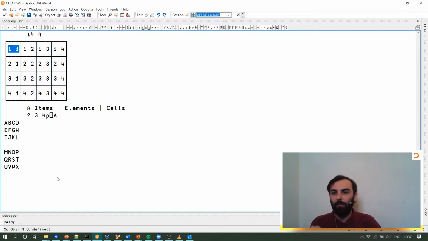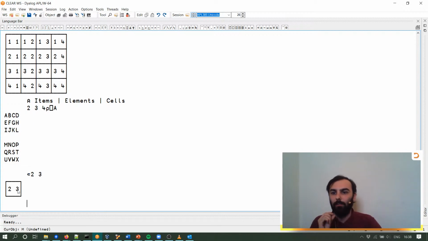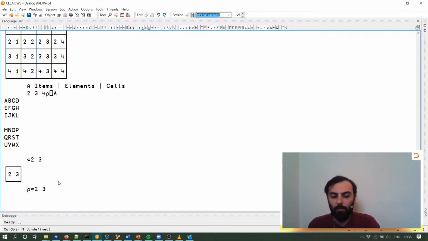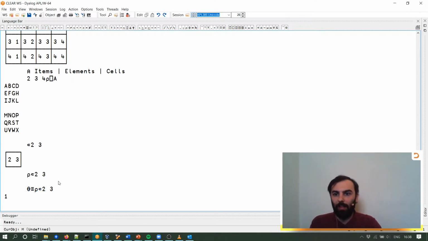zero cells themselves? So in iota 4 4, maybe iota enclose 2 3, is that the zero cell, if you look at the shape tilde? Is that the element, or is the element the array which is inside when you disclose that?